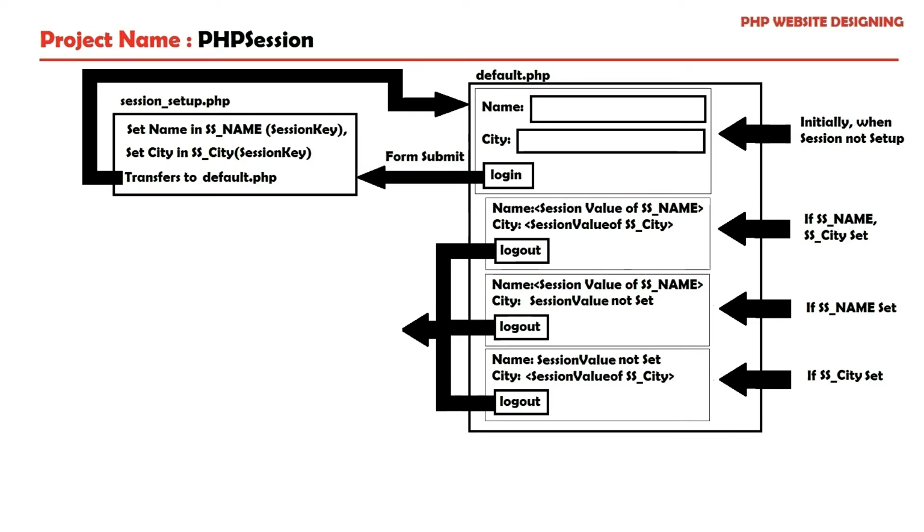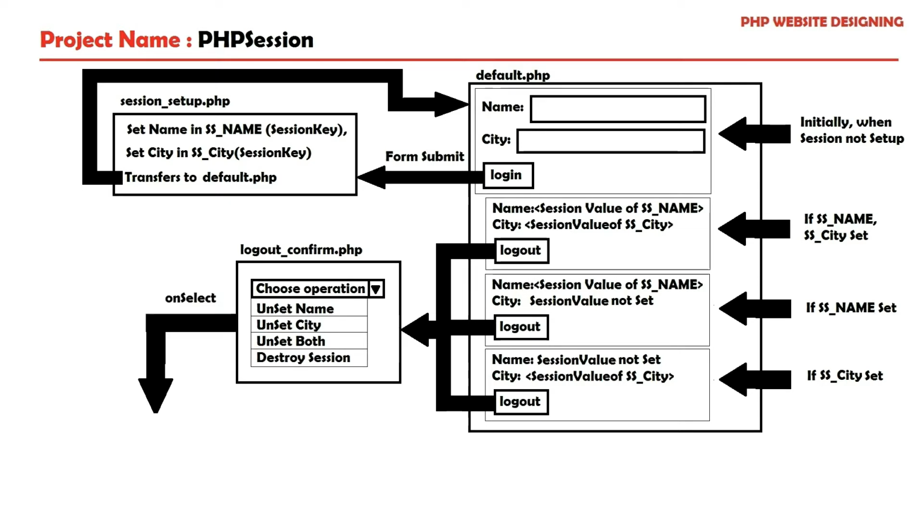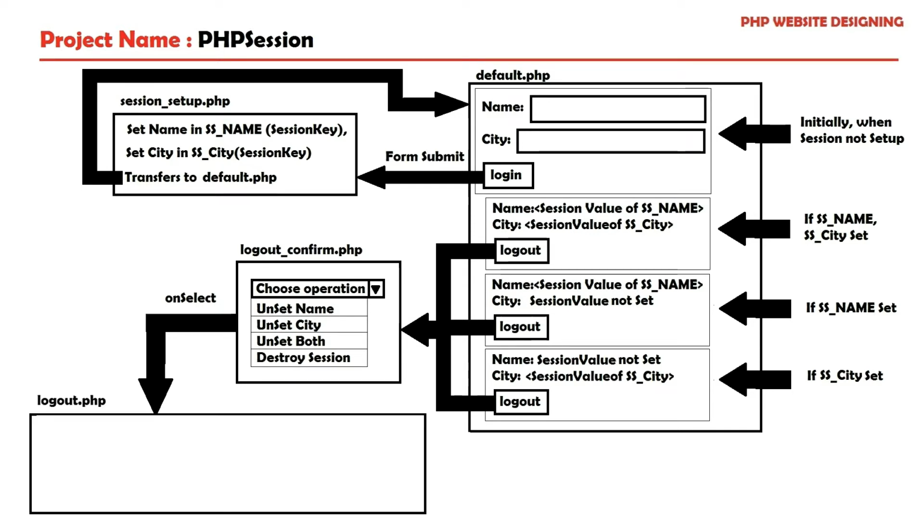When a user clicks the Logout button, we direct it to the logout_confirm.php page. In logout_confirm.php, we have a choose operation drop-down with the options unset name, unset city, unset both and destroy session. When the user selects an option, the page is directed to logout.php.